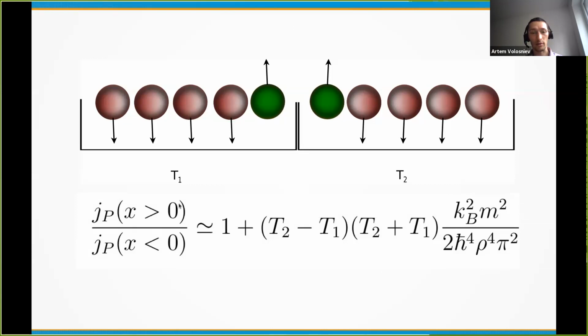It's basically the ratio of the flux on one side to the flux on the opposite side. What is important here is that you have this temperature difference, which is standard for this thermoelectric effect, or thermal spin effects. And here you have another factor. So if T1 actually is 0, then you will have this T squared. It would actually be square in temperature, if one reservoir is strictly at 0 temperature.